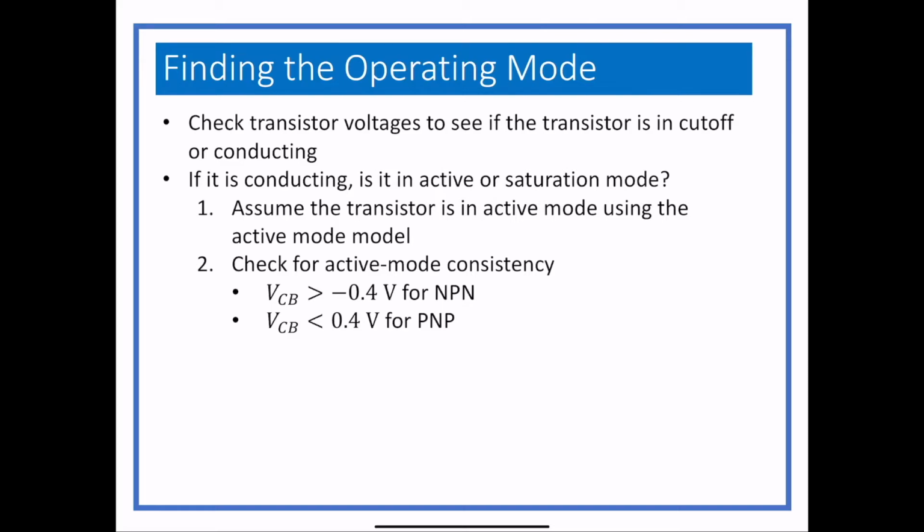Or you try to find VCE, and VCE is 10 times bigger than your DC voltage source, things like that. That is what ends up happening if it's not in active mode. So you get your values in active mode, and then as you're getting the rest of the node voltages and currents, you find out they just absolutely don't make sense.